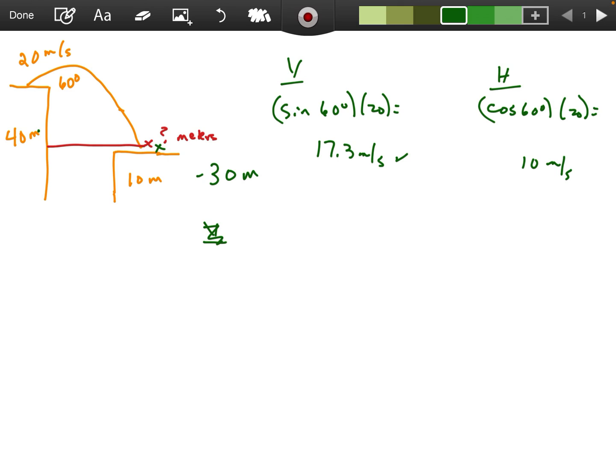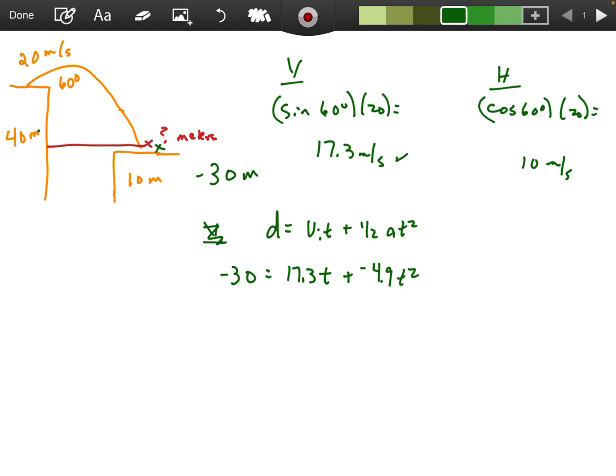So the only kinematic equation available to us is distance is equal to v_i t plus 1/2 a t squared. So our distance is negative 30. Our initial velocity is 17.3. We're trying to find time, plus 1/2 times a. I'm just going to make that a negative 4.9 and then t squared.